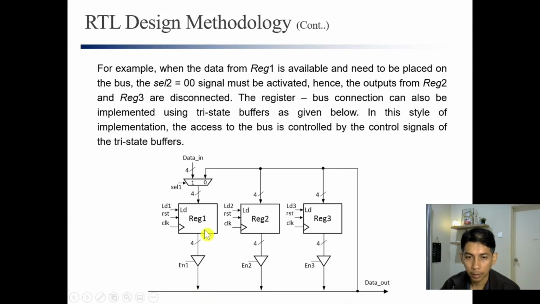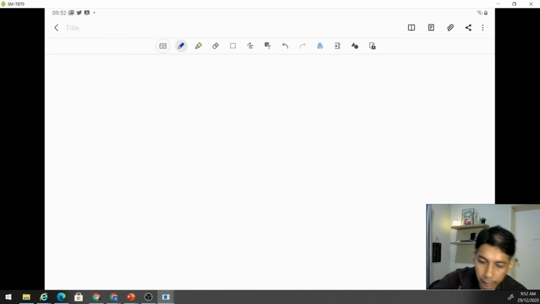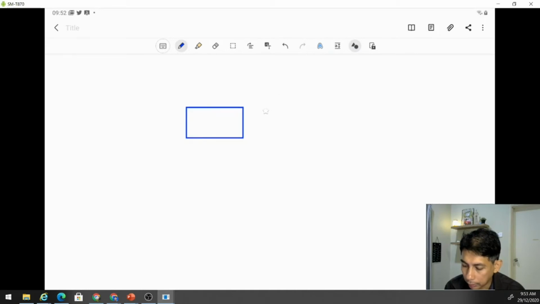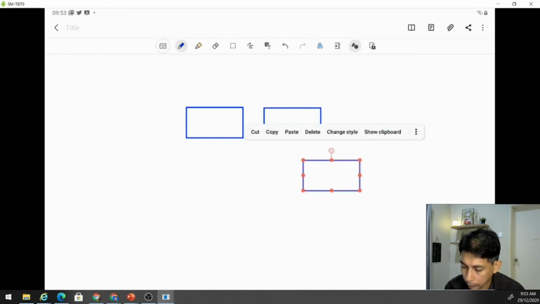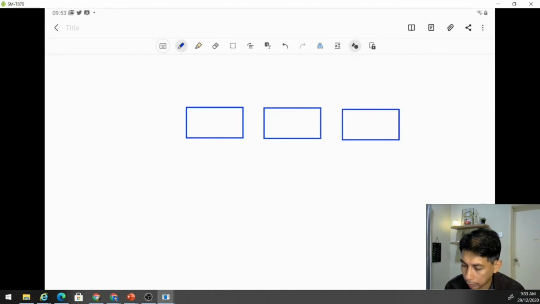So this is one way, and actually we have another way where you can use a decoder to select the data, where you can have something like this: register 1, 3 registers, just like that.